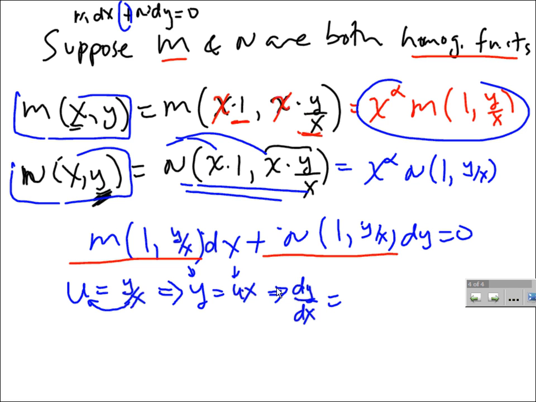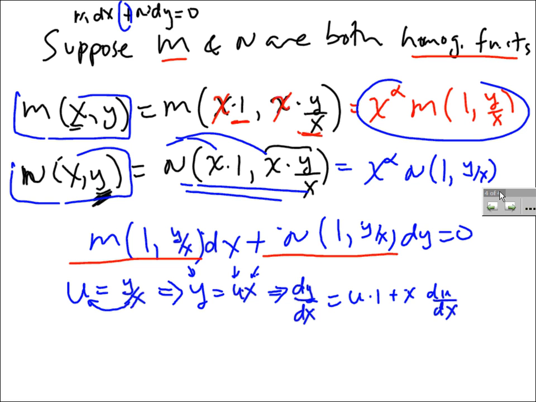Let me keep u and take the derivative of x, which is 1, plus I'll keep x and take the derivative of u, which is du dx.